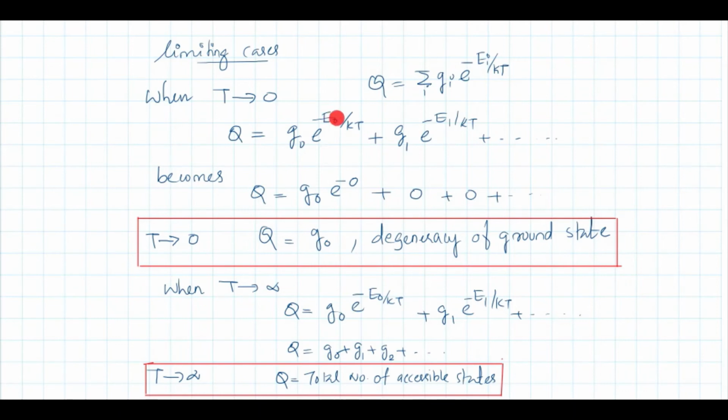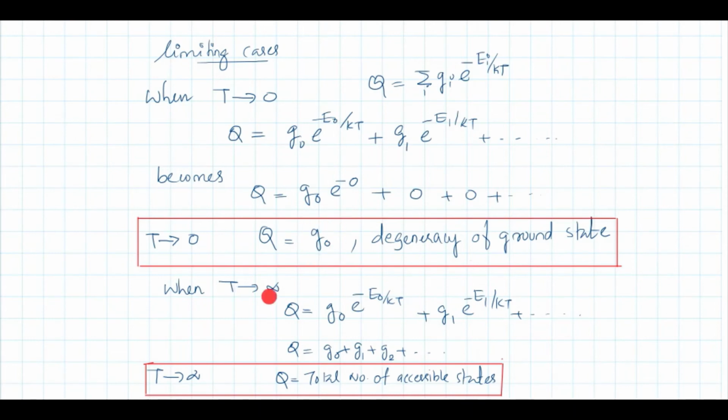But e0 is 0, so e raised to 0 becomes 1, and that will give me g0. All other terms, since e1, e2 and so on are non-zero, become e raised to minus infinity, which is 0. So you will get Q as g0. In the limit T tends to 0, the partition function is nothing but the degeneracy of the ground state.